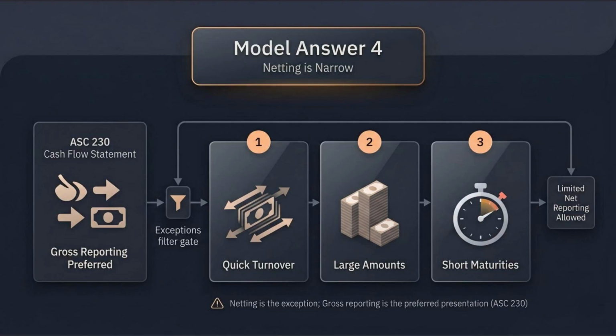Net reporting is allowed only in limited circumstances, generally involving quick turnover, large amounts, and short maturities, often 3 months or less from the acquisition date or origination point. These conditions suggest that gross presentation may be less meaningful or too burdensome for high frequency short term movements. But the default remains gross reporting. Net reporting is the narrow exception, not the starting assumption. If you cannot justify netting, report gross.